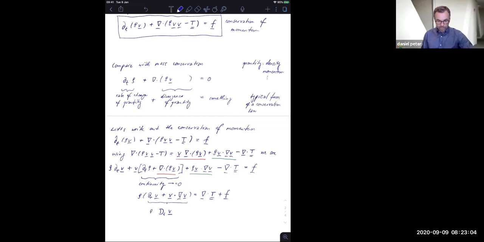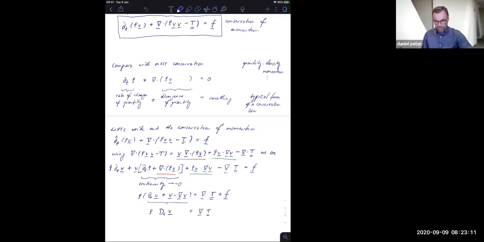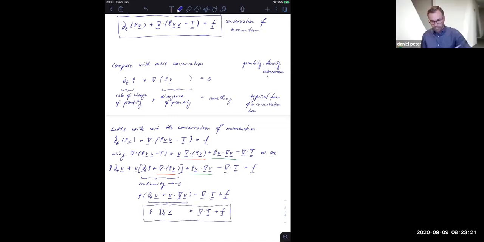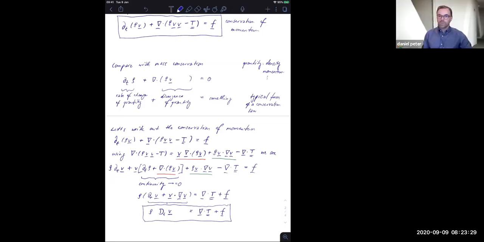So we have rho Dt v equal to the divergence of stress plus F. Okay. So this again is conservation of momentum, this time written from a Lagrangian perspective. We use the material derivative.